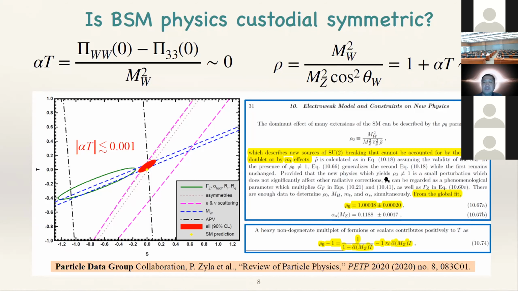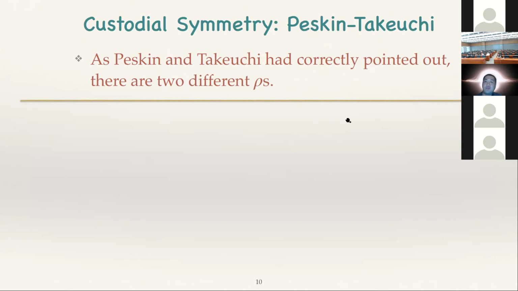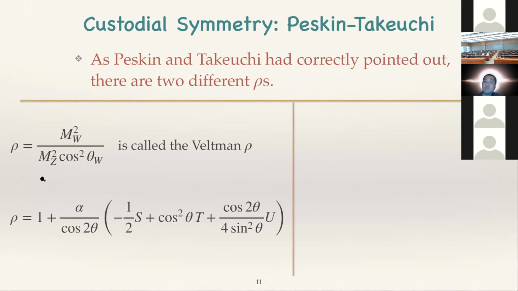But the story I'm going to tell you today is that this is not correct. I wouldn't say it's just wrong, but it's at least naive and incomplete. Almost 30 years ago, in the original paper by Peskin and Takeuchi, they correctly pointed out that there are actually two different rho parameters. The rho I just mentioned, which the PDG used with the W mass and Z mass, is called the Veltman rho.